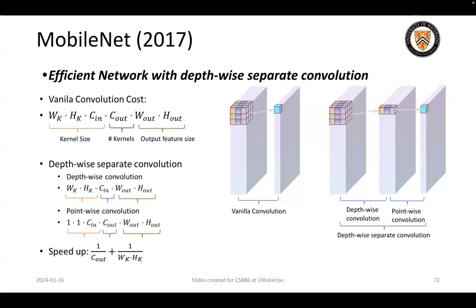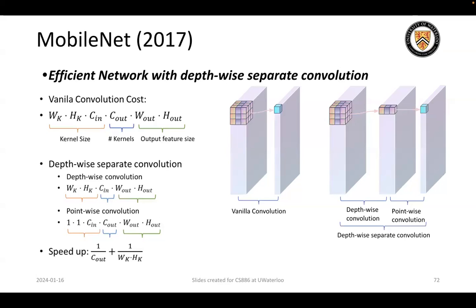In pointwise convolution, we simply multiply each element in the matrix, or each pixel value, by some number. The computational cost for depthwise convolution is equal to WK multiplied by HK, multiplied by Cin, multiplied by Wout, multiplied by Hout. This saves a cost of 1 divided by Cout. In terms of pointwise convolution, we have 1 times 1 multiplied by Cin, multiplied by Cout, and Wout, Hout.